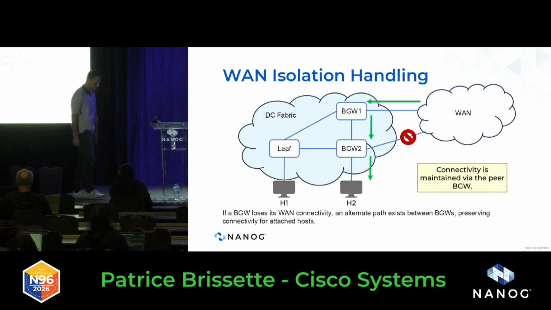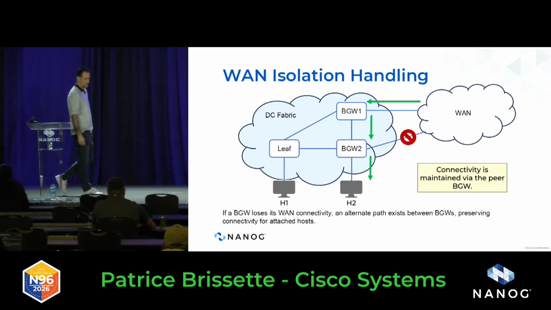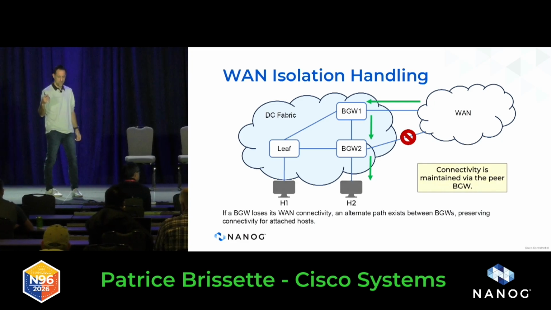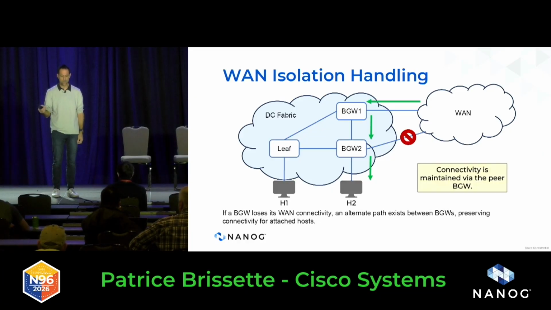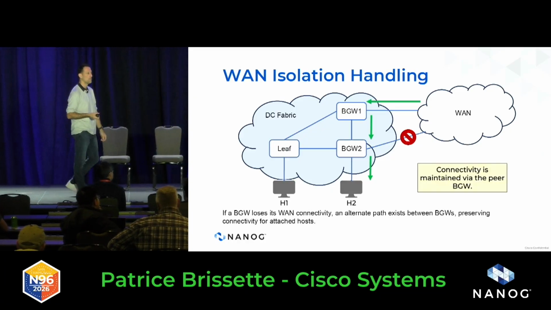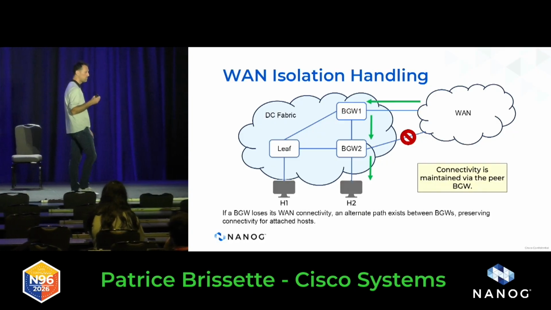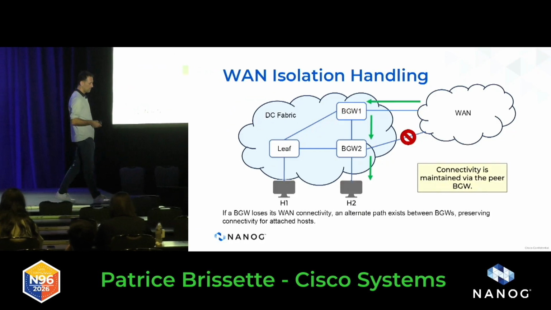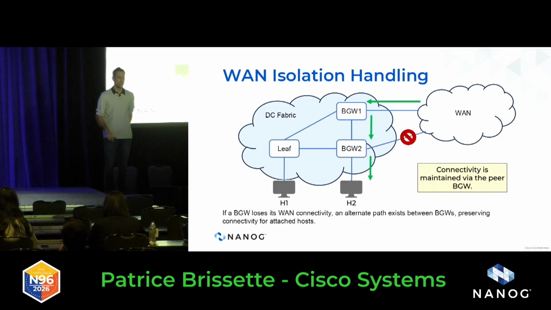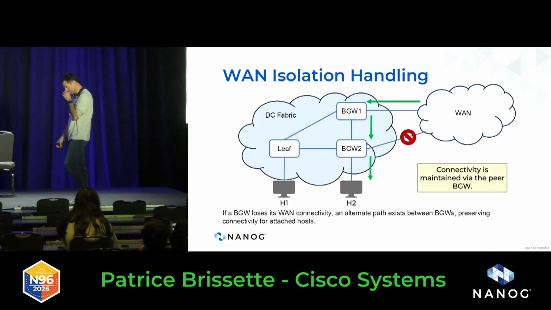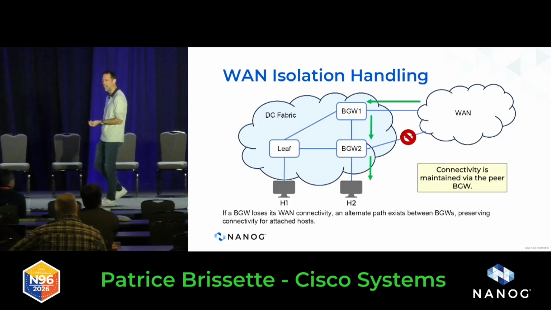All right. Now, since we are disconnected from the WAN on border gateway 2, how do we get the communication from border gateway 1 to border gateway 2? Well, you're going to say, it's easy, you're going to go through the DC. That's one way of seeing it. But how?